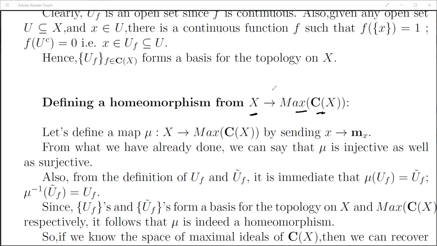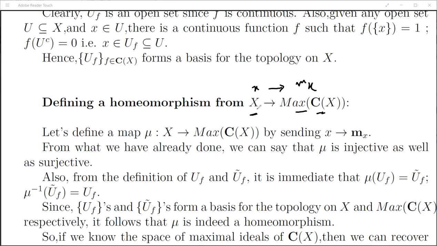And we can easily guess what the map can be. There is a natural map, which is that we just send a point X to the corresponding maximal ideal Mx. That is my map. And we have already shown that this map is surjective because we have proved that every maximal ideal is of this form. And it is also injective, which we have also proved. So this is a bijection.